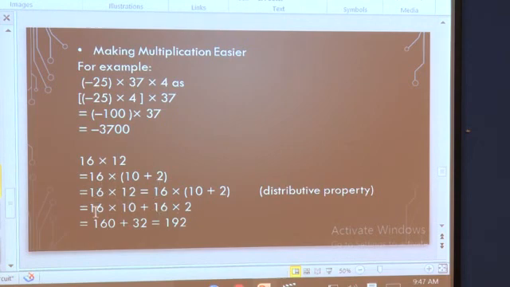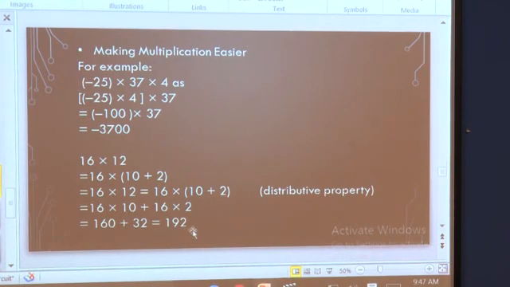So what is 16 multiplied by 10? Yes, we are using the magic of 0, write 0 as it is, and 16 ones are 16. So it is 160 plus, don't forget to put the sign of addition here. You know 16 twos are 32. So 160 plus 32 is equal to 192.